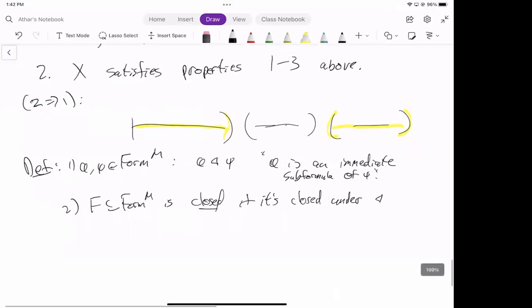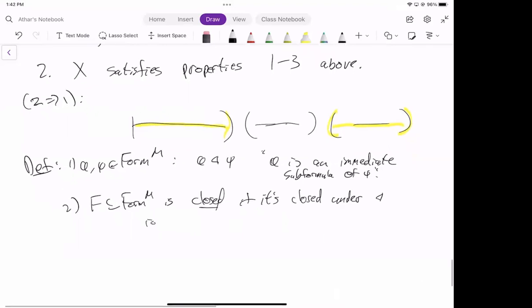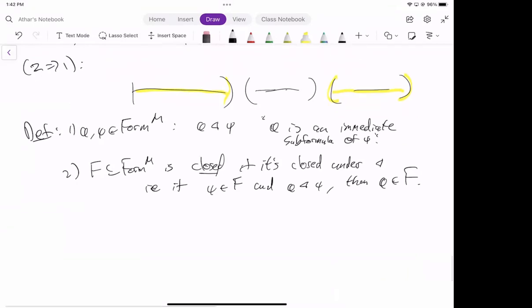So closed downward under this relation, right? So if psi is in F, and phi is below psi, then phi is in F. And then the closure of a set F is the smallest closed set containing F.